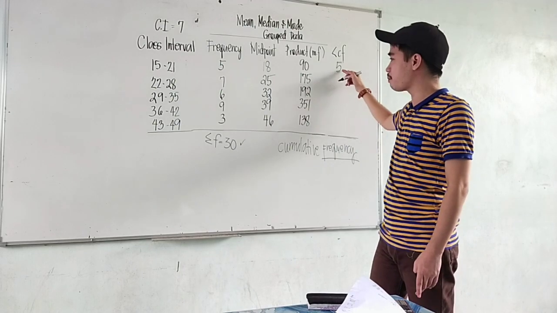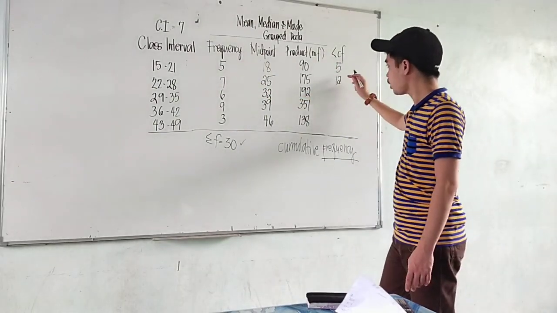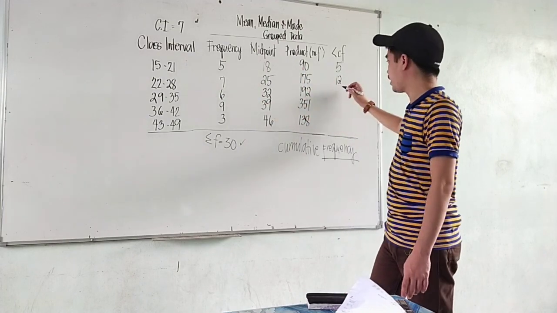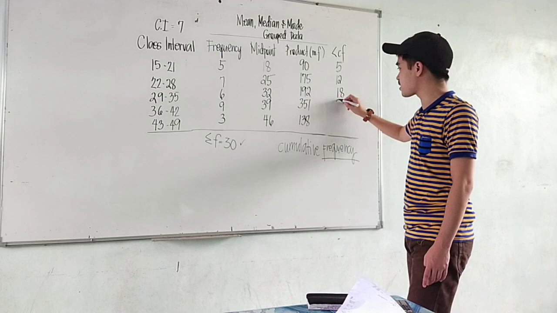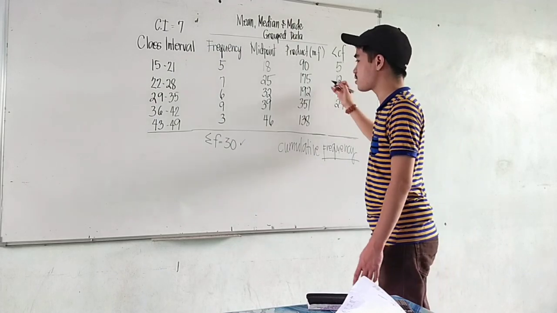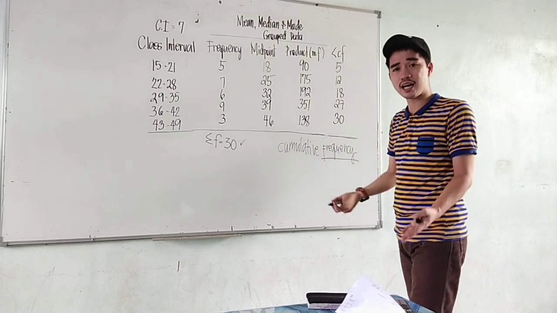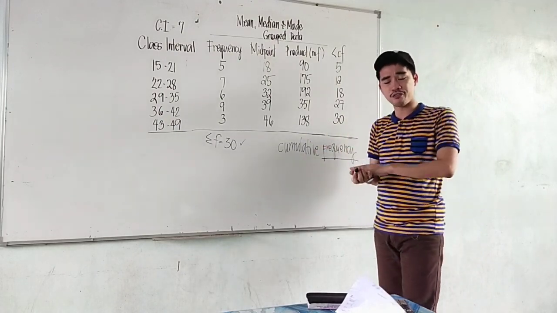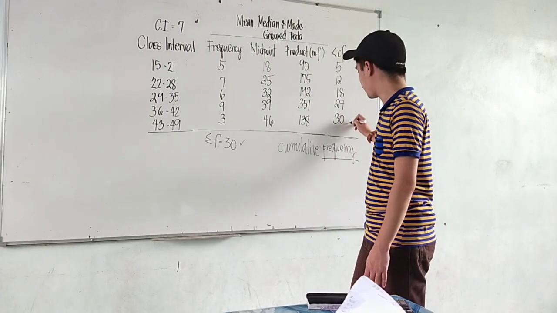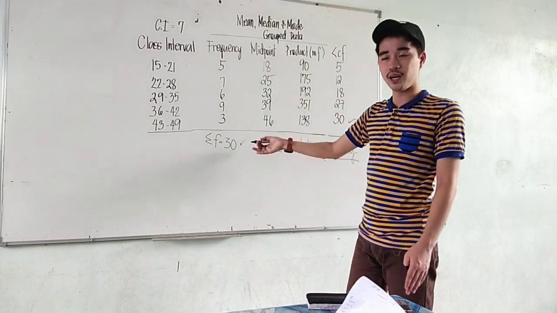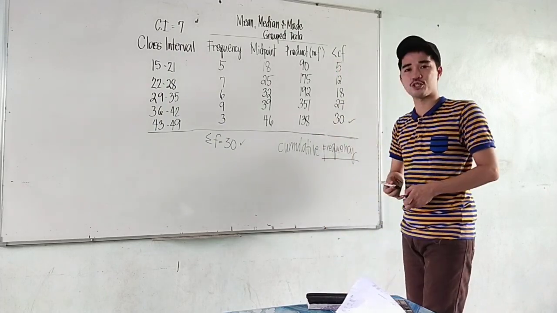So we have 5 plus 7, we have 12. 12 plus 6, we have 18. 18 plus 9, we have 27. And last, 27 plus 3, we have 30. To check if our less than cumulative frequency is correct, you need to check that it is 30, equal to our total frequency. So it is correct.